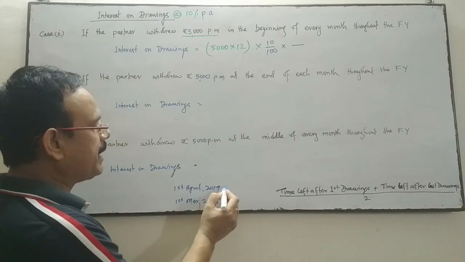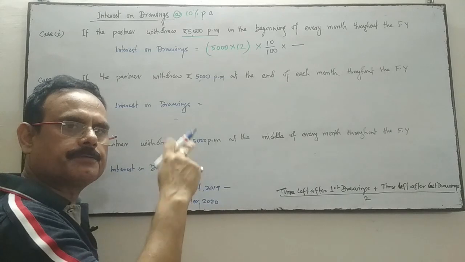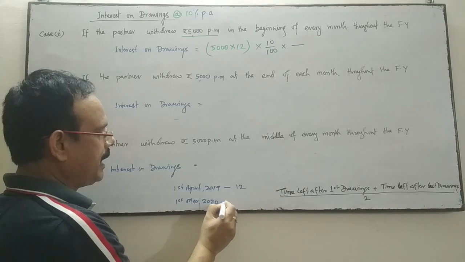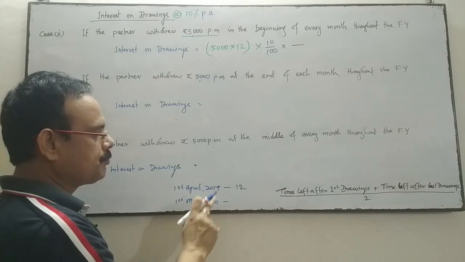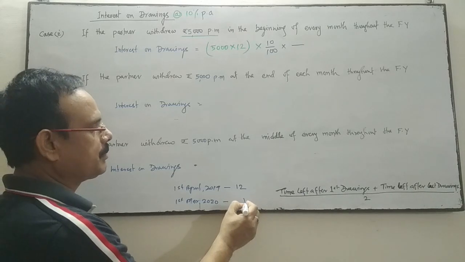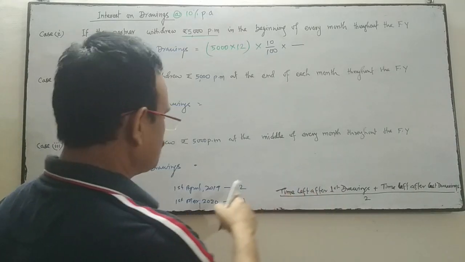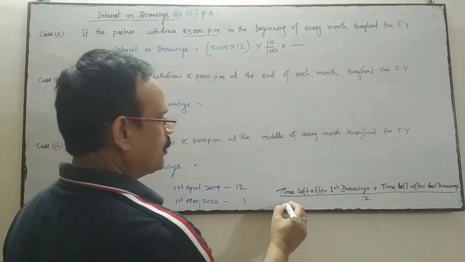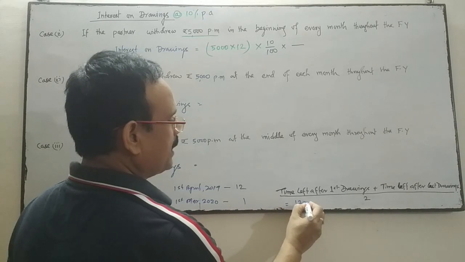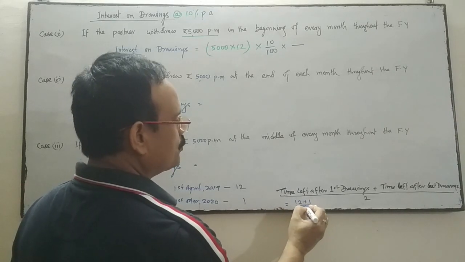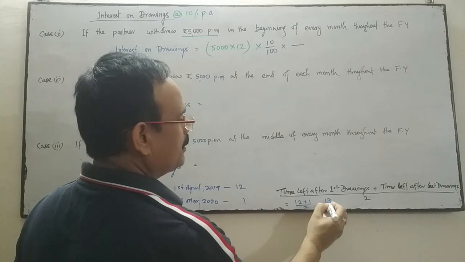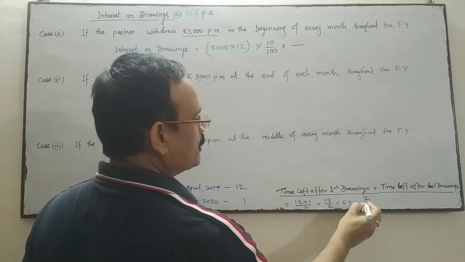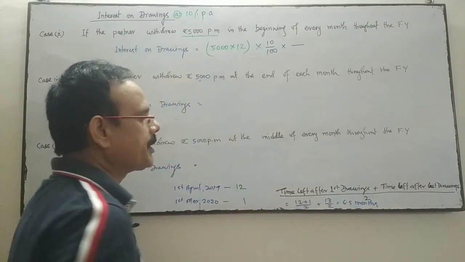So, time left after the first drawing, 1st April to 31st March 2020, is 12 months, and from 1st March 2020 to 31st March 2020 it's 1 month. So, time left after the first drawing is 12 months, time left after the last drawing is 1 month. So, 12 plus 1 upon 2 means 13 by 2 means 6.5 months. We'll calculate the interest for 6.5 months.